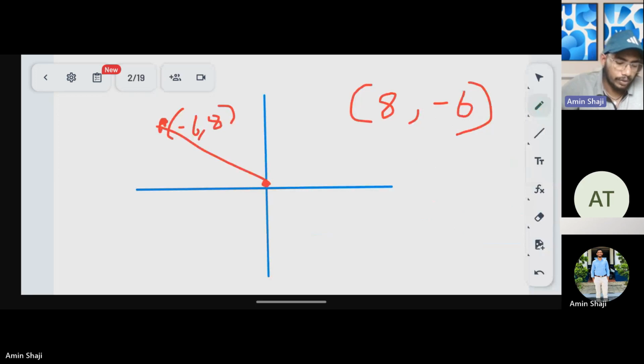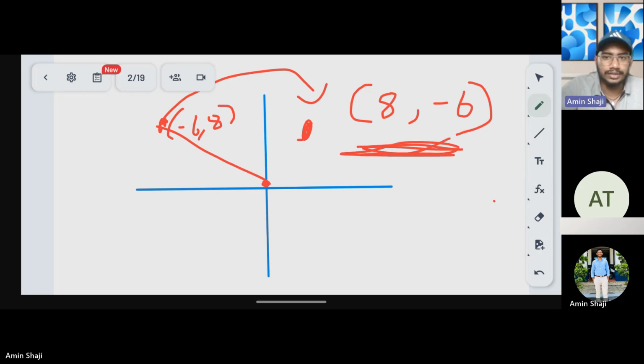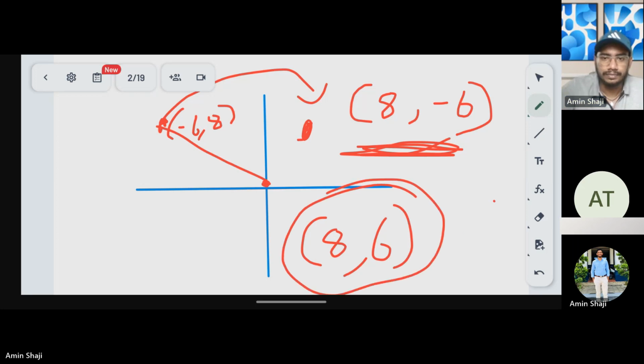It will be rotating in this direction, so it will definitely be in the first quadrant. And in the first quadrant, what is the sign of x and y? They are both positive. But in my answer, what did I get? I got one as positive, one as negative, so I have to change it to both positive. That is 8, 6. This will be my answer. Clear or no? Okay.